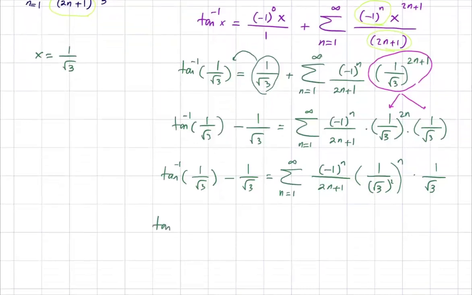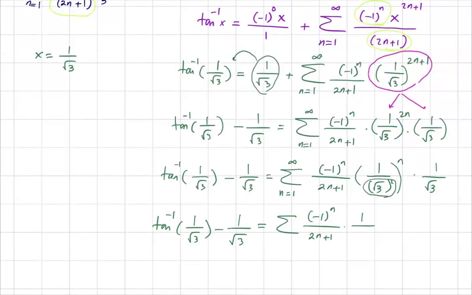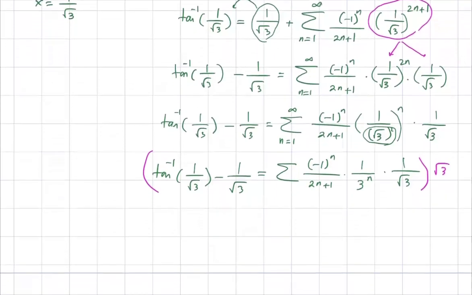So inverse tangent of 1 divided by the square root of 3 minus 1 over the square root of 3 is equal to the summation of (-1)^n divided by 2n+1 times 1 over, here, the square root of 3 to the power 2 is just 3, and raise it to n, you get 3^n times 1 over the square root of 3. Multiply both sides by the square root of 3 to get rid of the square root of 3 on the other side.